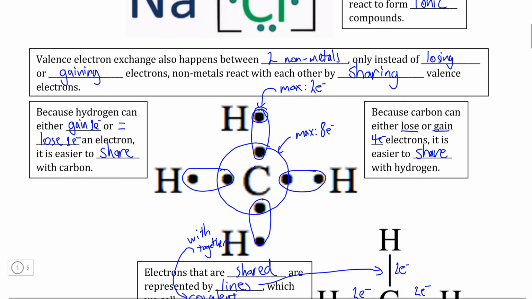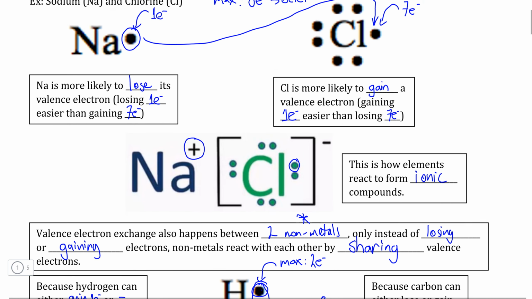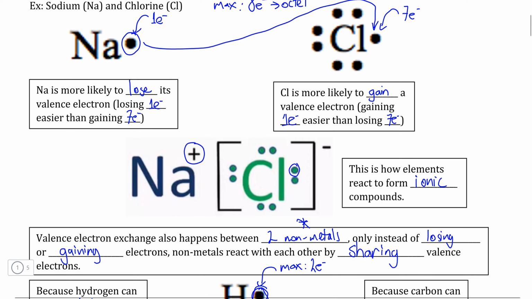This is predominantly how nonmetals form compounds with each other, by sharing and forming covalent bonds rather than the direct electron transfer we see between metals and nonmetals, which is how ionic compounds form.